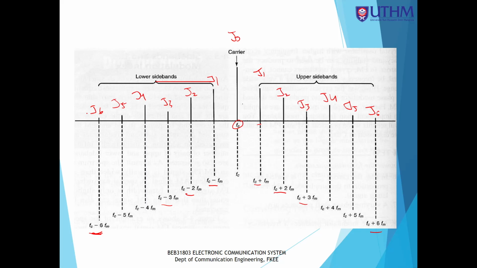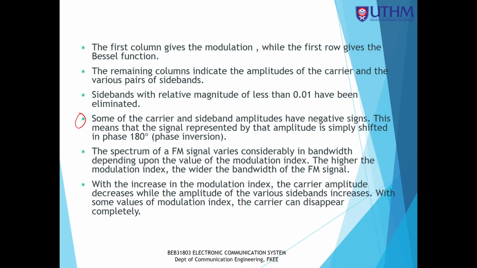Okay, so we get up to 6 pairs of sidebands. So we have upper and lower sidebands.